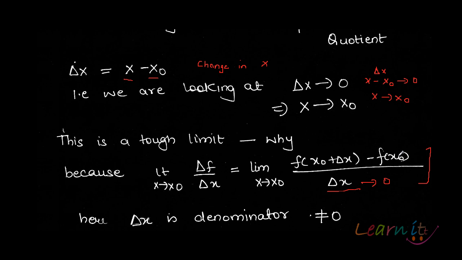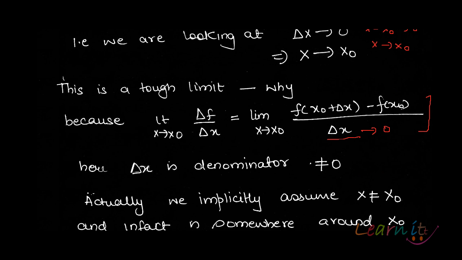So what are we implicitly assuming in our head? We are implicitly assuming that x will not be equal to x naught. It will almost be reaching x naught, but it will not be equal to x naught. And that's the concept of limits.